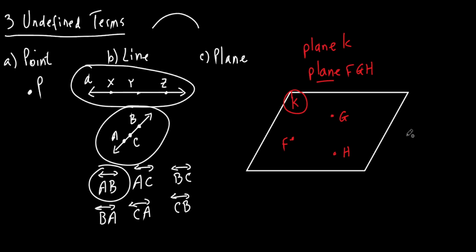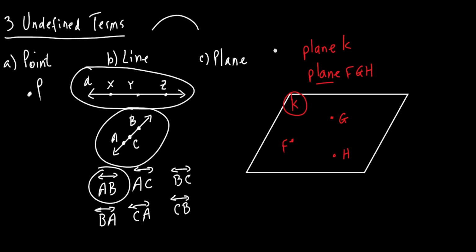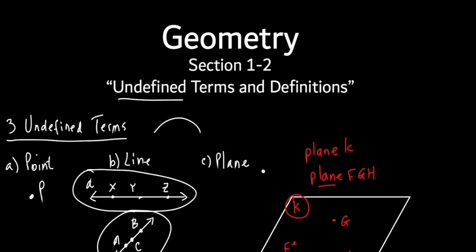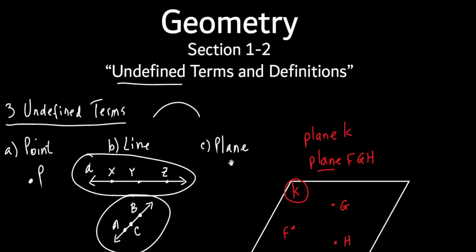All right, let's do some actual definitions. This lesson was undefined terms, which we just finished doing: point, line, and plane. Oh, remember I said something about a quiz and a test? This is actually going to be number 1 on the quiz. All right, I'm going to say list the 3 undefined terms. And what are you going to write? Point, line, plane. Okay, that's a question.